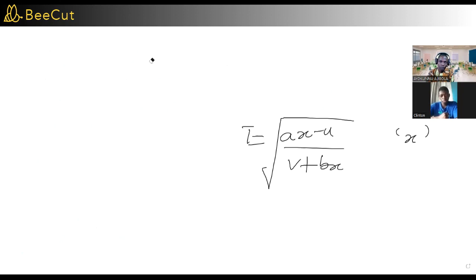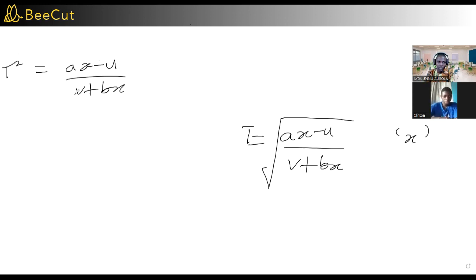The very first step is to do what? Remove the square root, right? Yes. So that's going to give us t squared equal to ax minus u all over b plus bx. Yes or no? Yes, sir.